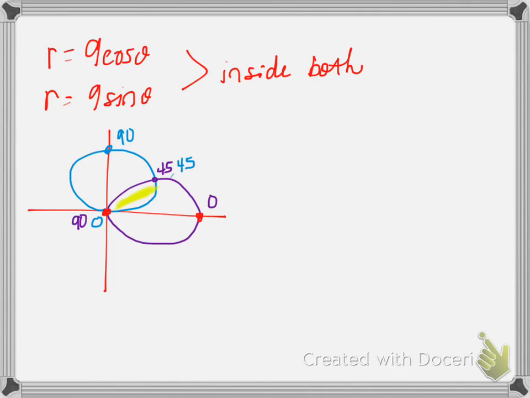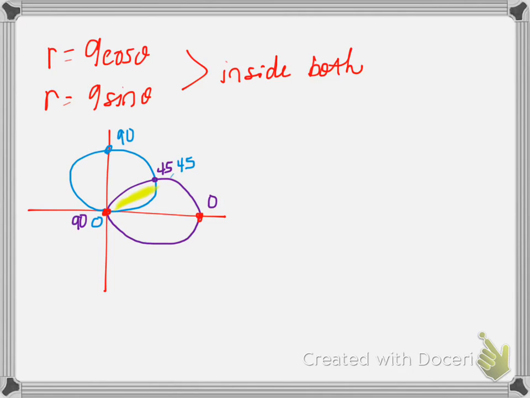If you're looking at the purple one, it starts over on the right at 0. It goes to 45 where the intersection is, and then goes to 90 at the origin. What part of that's actually important, though? In the part that we're trying to find the area of, what part of the purple is important? The 45 to 90 part, right?